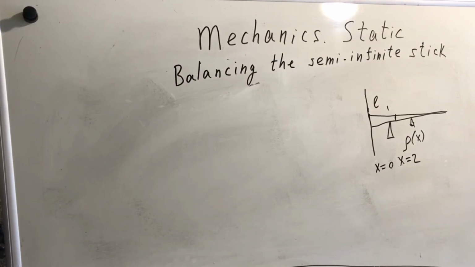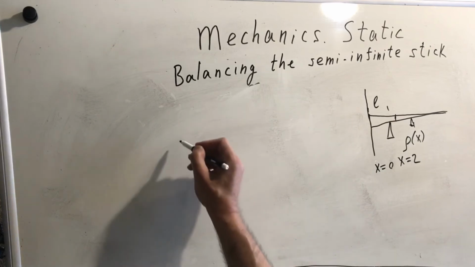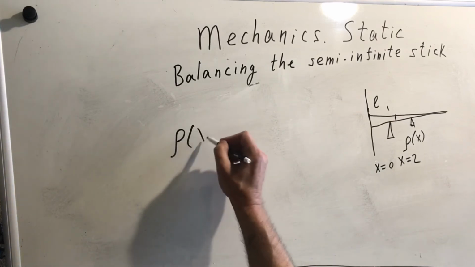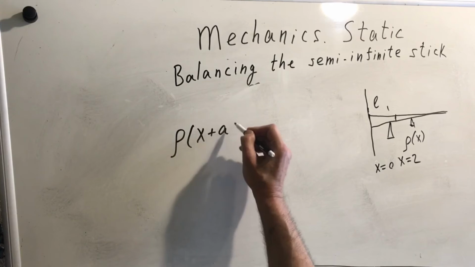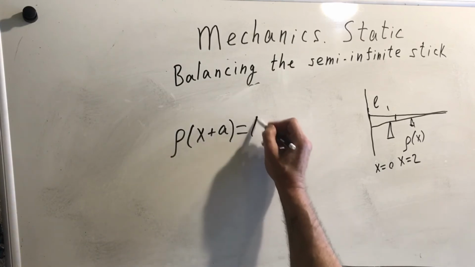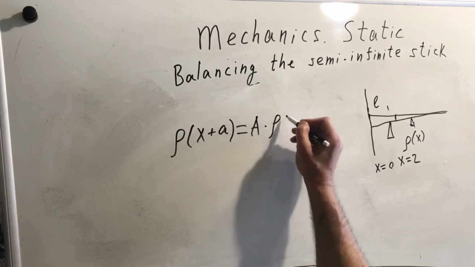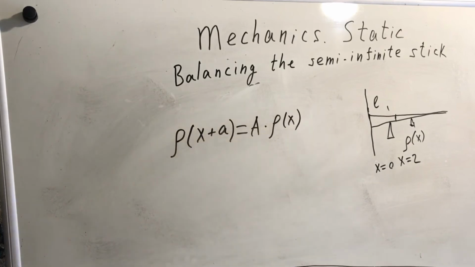And there is another way to solve this problem. We can just guess this solution, because if we have a function which with a shift is just reduced by the same coefficient, it looks like this: rho of x plus shift a equals some constant multiplied by rho at point x.